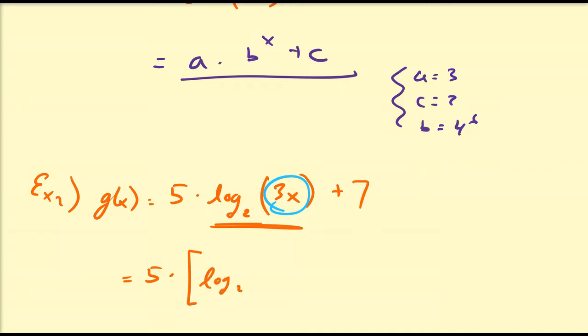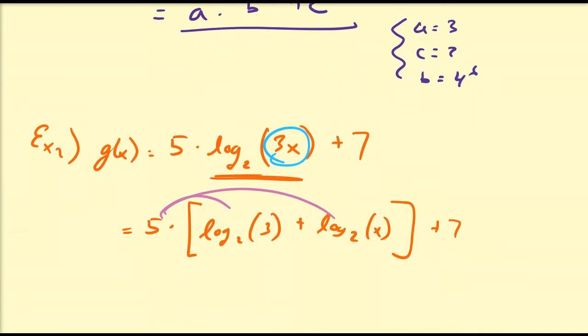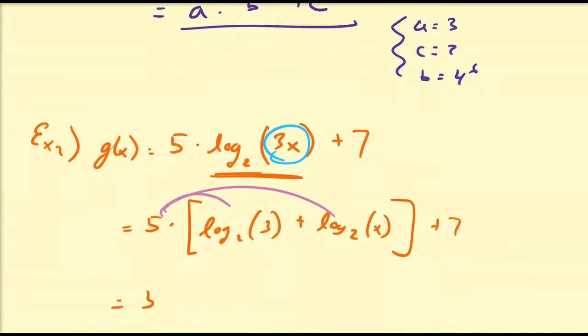So this is the same as the log base 2 of 3 plus the log base 2 of x plus 7. And then we can distribute and reorganize. So this is the same as 5 times the log base 2 of x plus 7, plus 5 log base 2 of 3.